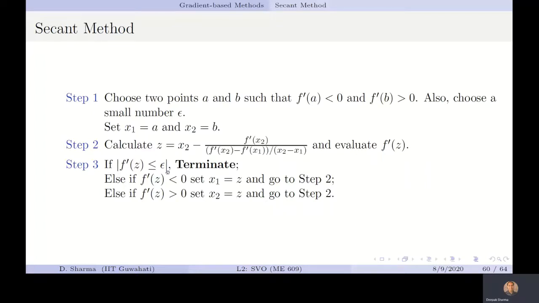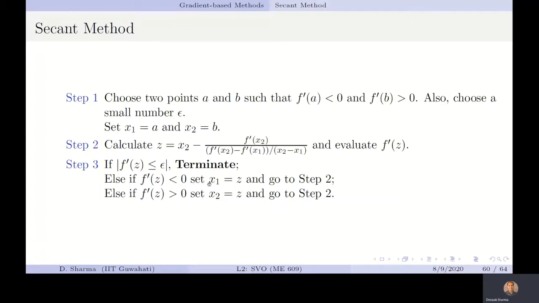After evaluating the derivative of the function at the new point Z, you see that the termination condition is written wrongly, because the vertical mod sign should come only with f dash of Z. Now we look at the mod value of the derivative of the function at Z. If it is smaller than epsilon, we should terminate. Otherwise, we update based on the value of the derivative.